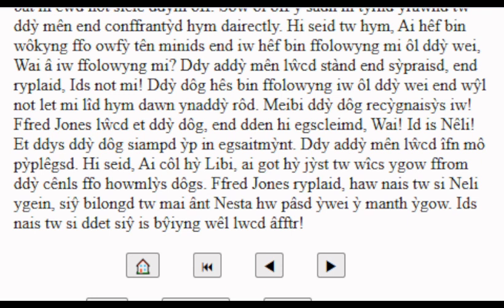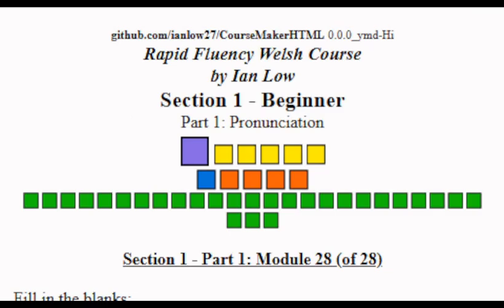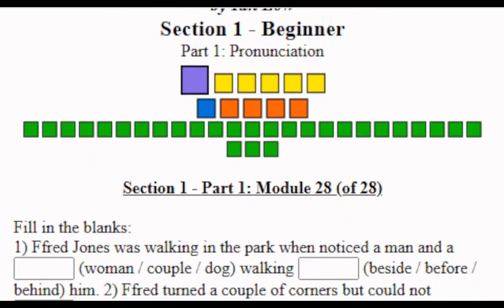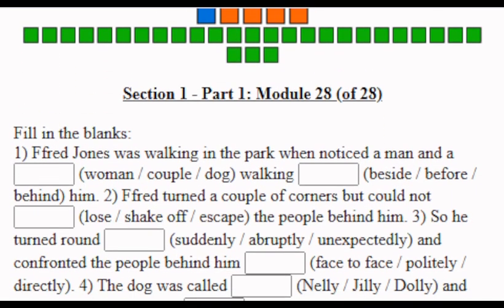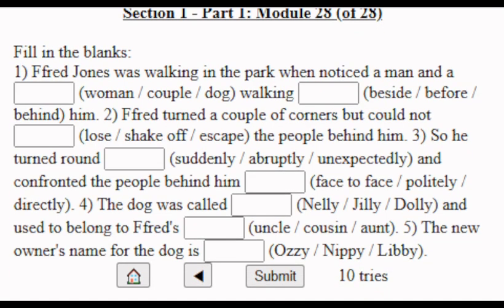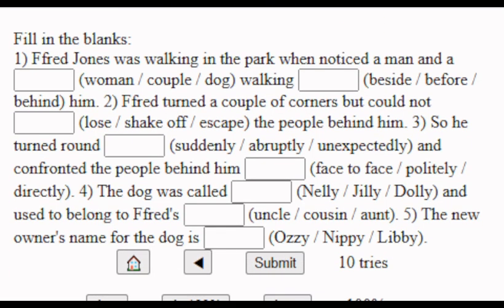So we just click on the next button. And now we have the module 28 of 28, and we just need to fill in the blanks in this quiz. So number 1, Fred Jones was walking in the park when he noticed a man and a woman, couple or dog.